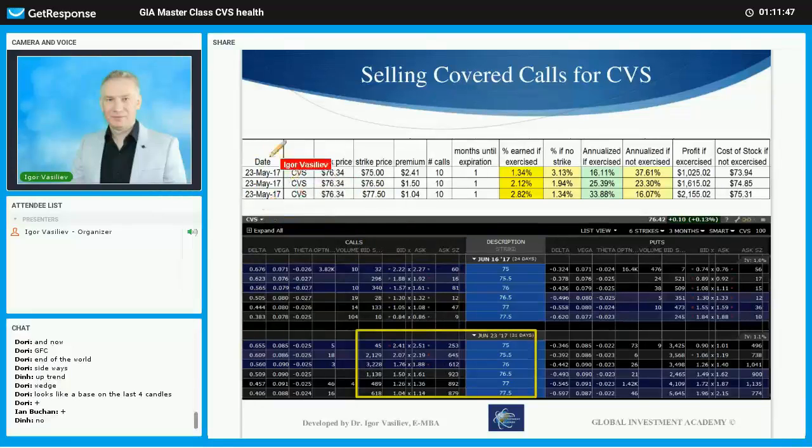So, but let's assume that today is the 23rd of March, and the stock price is 70. The closing price of yesterday was 76.34, and I took three strike prices: 75, 76.50, and 77.50. Okay, now 75 is in the money, 76.5 is at the money, and 77.5 is out of the money.